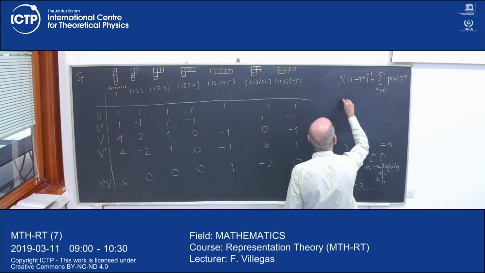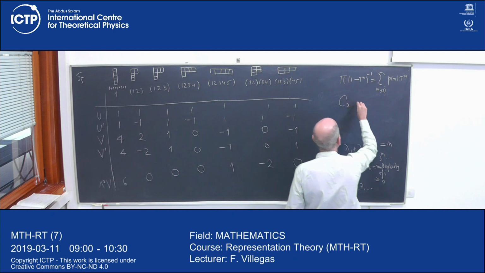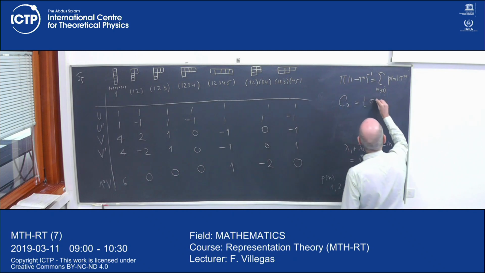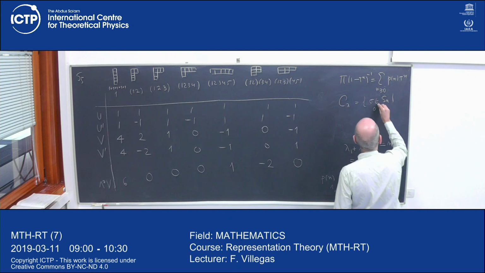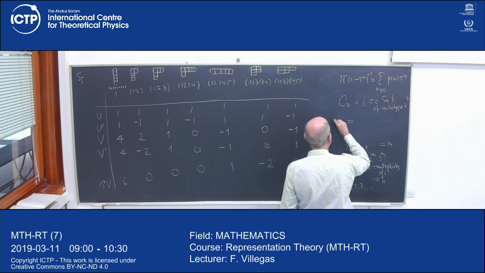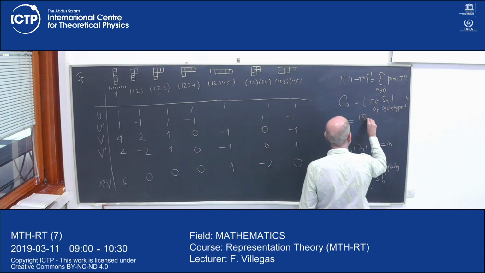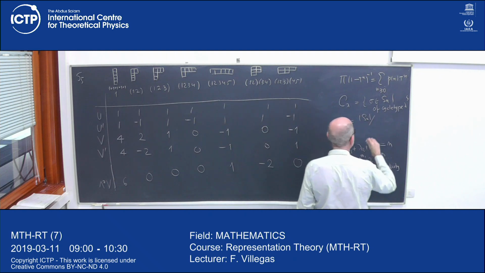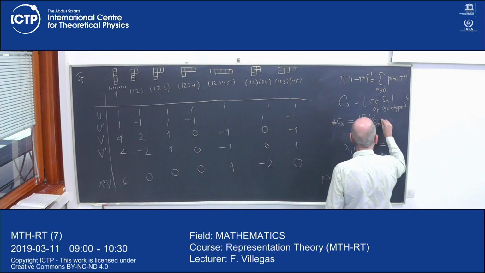is to say, let me call C lambda the conjugacy class. So these are the elements in Sn of cycle type lambda. Just for now, the size of C lambda we can compute as follows.